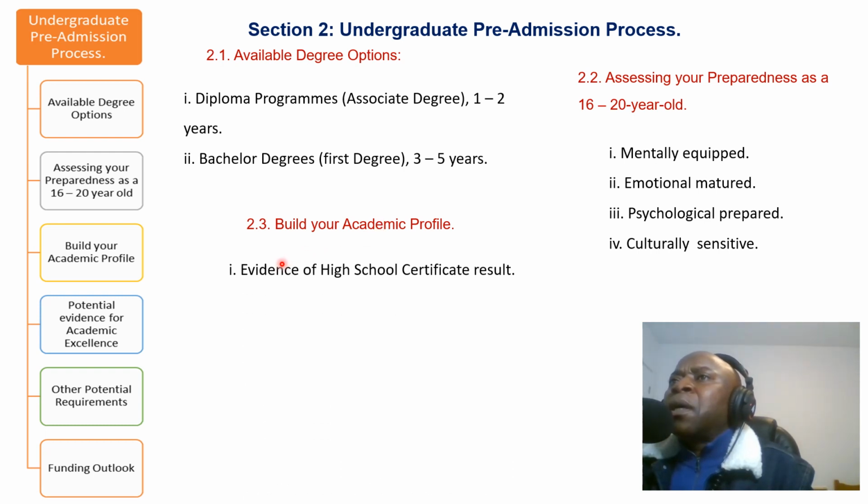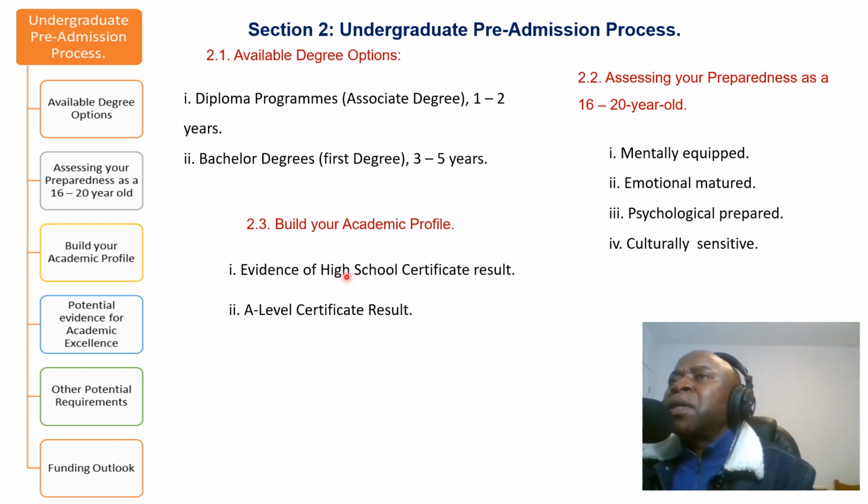So the first thing you consider under building your academic profile is evidence of high school certificate. So do you have the evidence of high school certificate result? What is your result like? Are you an excellent student? Then the second thing you check is if you are in a country where you could have A level, then if you have the opportunity, do A level.